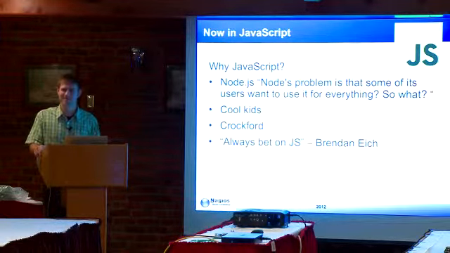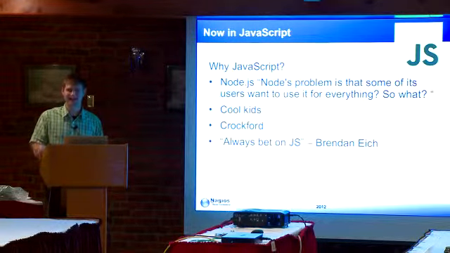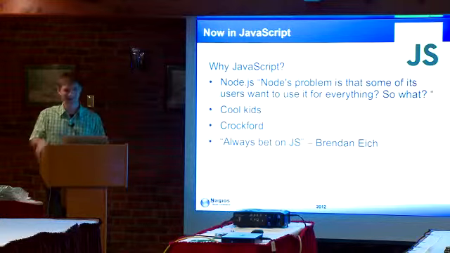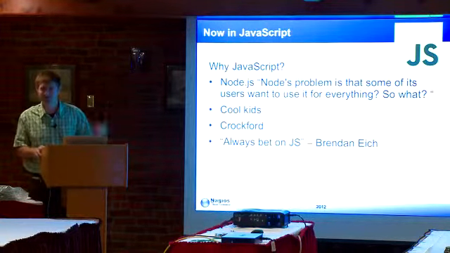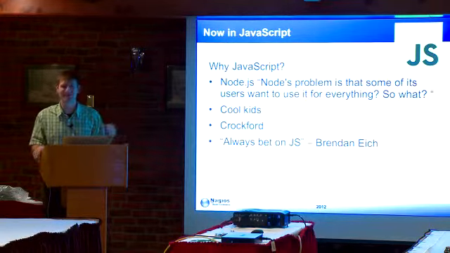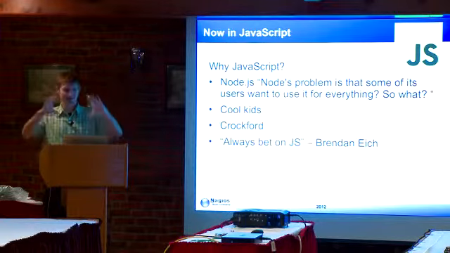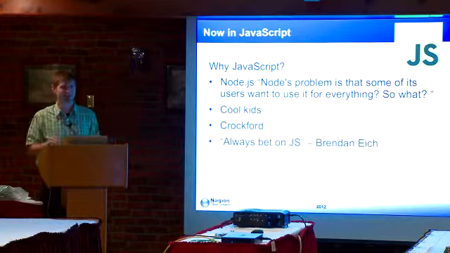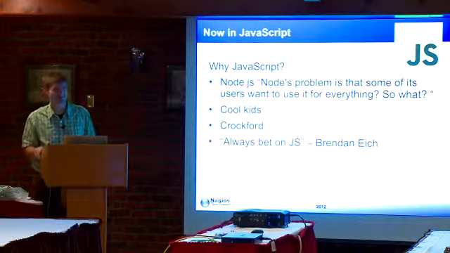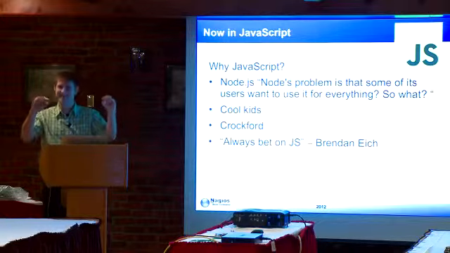Even Doug Crockford, who's like 80, 90 years old, with a grizzly white beard, he invented JSON. He wrote a great book about JavaScript. The O'Reilly official JavaScript guide is like 700 pages, and Douglas Crockford wrote a book called JavaScript: The Good Parts, and it's this big.